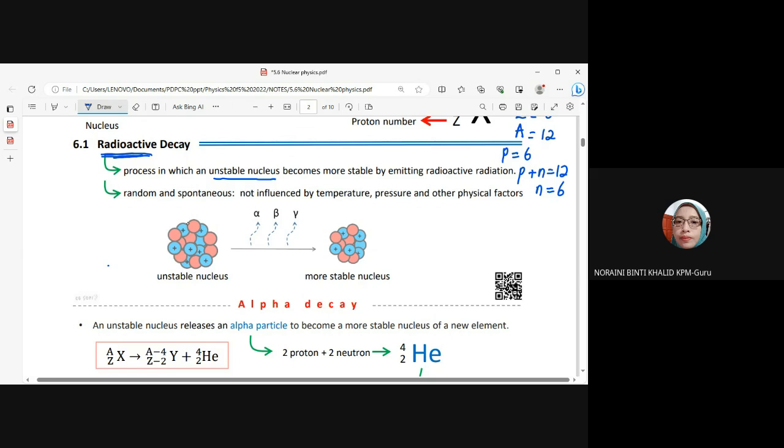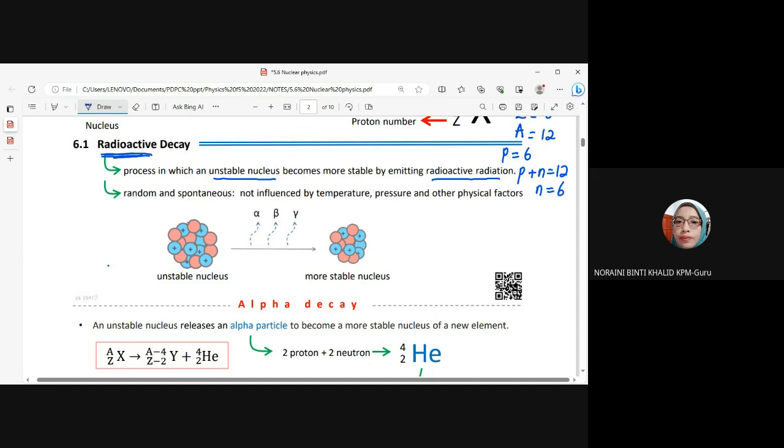So whenever it is not stable, tendency to become stable will cause it to emit radioactive radiation. Means we have this process known as radioactive decay. Process in which unstable nucleus become more stable by emitting radioactive radiation.